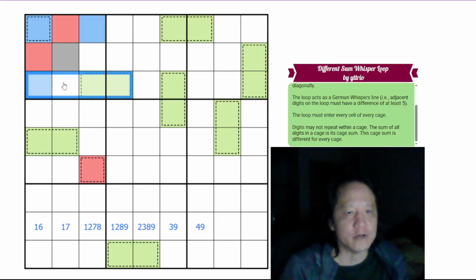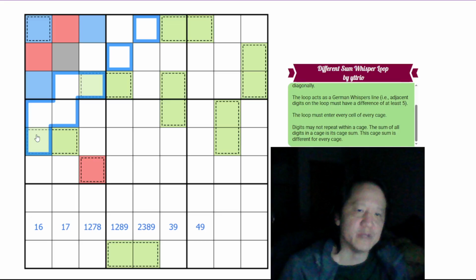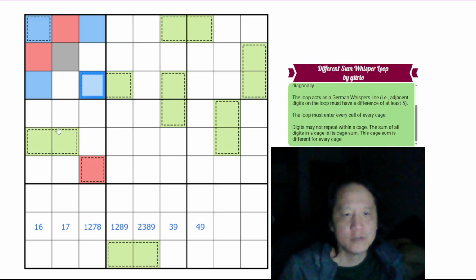No matter how it goes. So it could go high, low, high, low, high, low. It will always be lows, right? So these will always be highs. These will always be lows. So these are both lows. These must be highs. So this is high, high, and high, right?